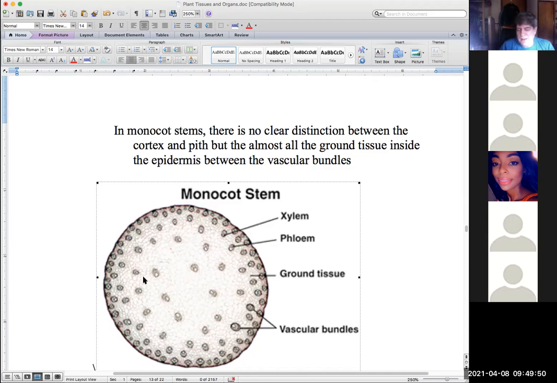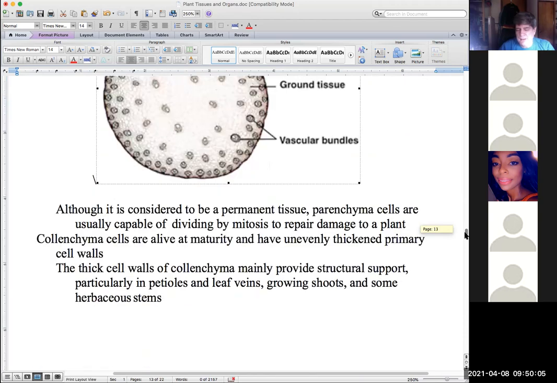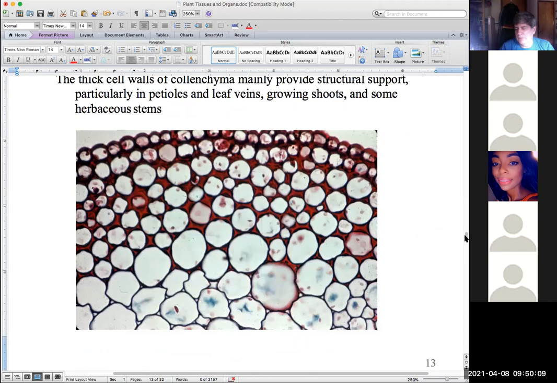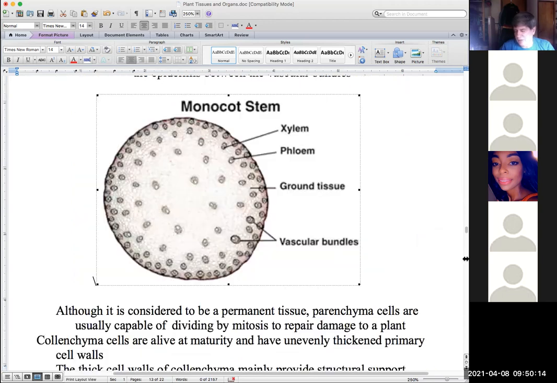And notice that they're pretty much all parenchyma cells. There's sometimes some collenchyma towards the very outside, so right inside the epidermis. The vascular bundles are the bundles that we looked at before that were sometimes called monkey faces.